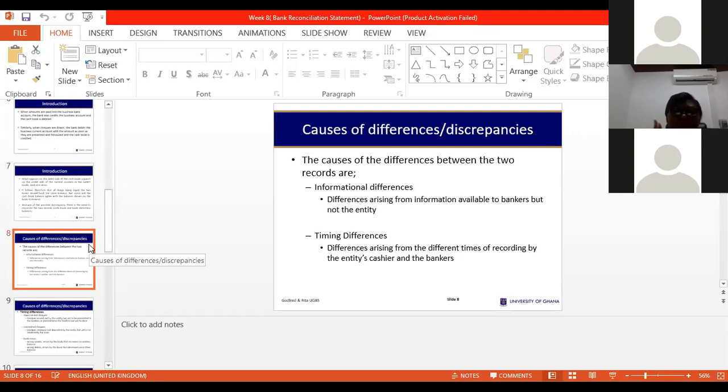Please take note, there are two main causes of this discrepancy: informational issues and timing issues. These are the two main causes of the differences. And by the way, when I say our cash book, I'm referring to the bank column of our cash book. Remember, we did the 3-column cash book, with the bank column.